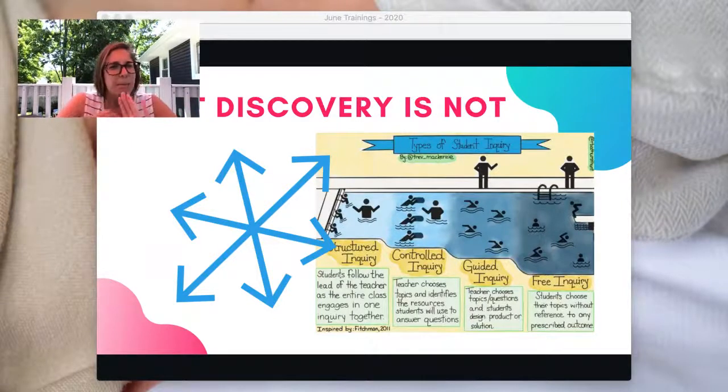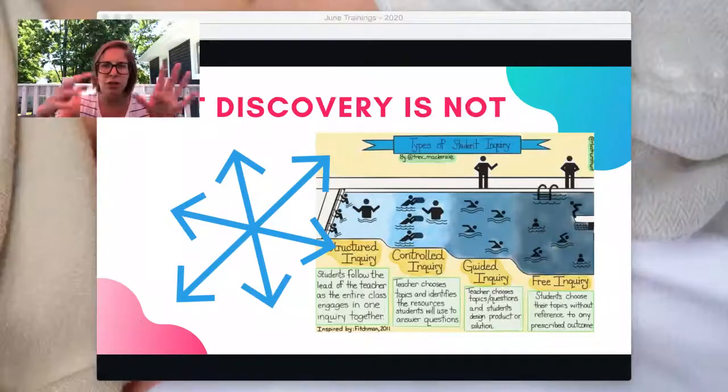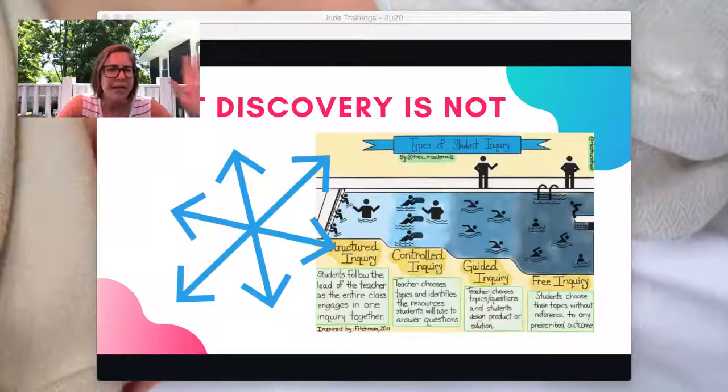The second one is along those lines. A lot of times when we use inquiry-based, we think of it as our students are coming up with a question and it's just something that's of interest to them and it may or may not tie to the content and it's just free inquiry. So your students choose the topics without reference to any prescribed outcome. They're just choosing and researching whatever they want.